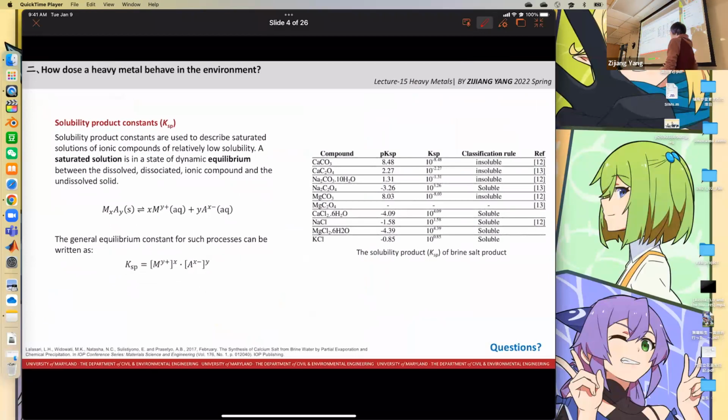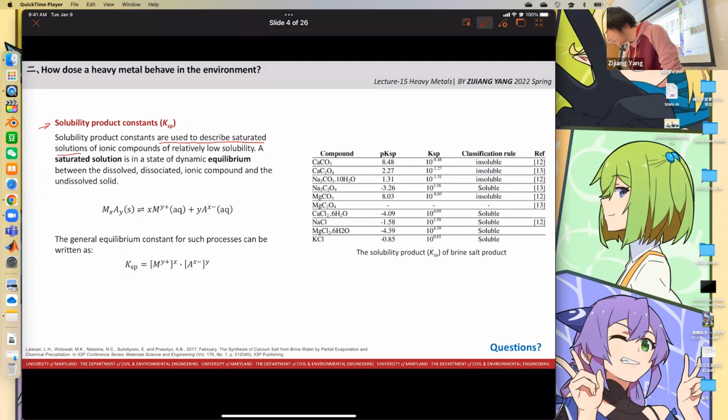then let's look at the environmental fate of these heavy metals. So first is solubility products. I think we have talked about this in lecture 2B, but let's just talk about it again. Solubility product constants are used to describe saturated solutions of ionic compounds of relatively low solubility.